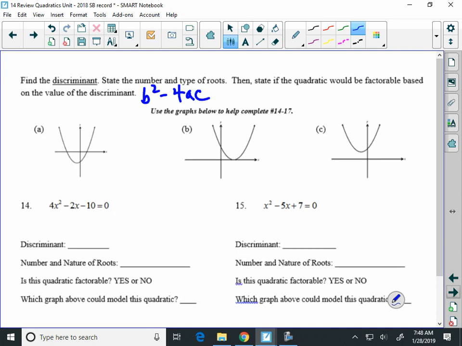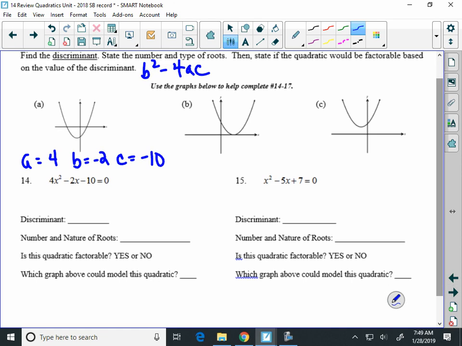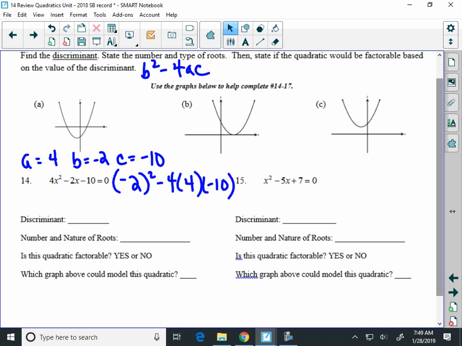But as we look at problem number 14, just a reminder that A is 4, B is -2, and C is -10. And when we look at this, we're going to fill in that formula, so we end up with -2 squared minus 4 times 4 times -10.